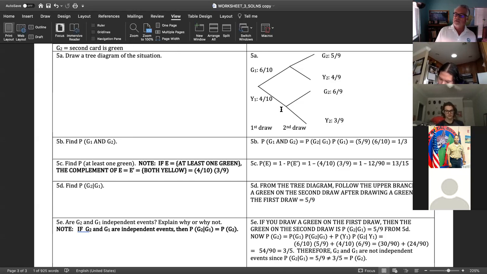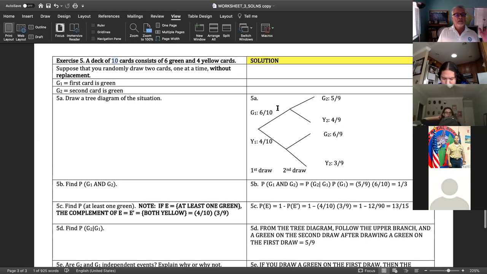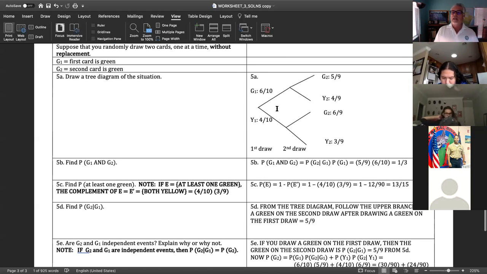Now, you have to keep that first card out. And now your deck only has 9 cards in it, and 6 of which are green, but only 3 of which are yellow. Because you've already drawn the yellow card on the first draw and you left it out.